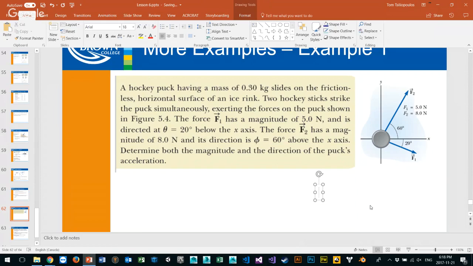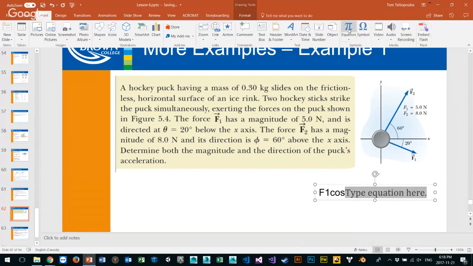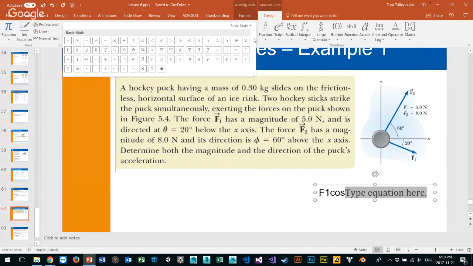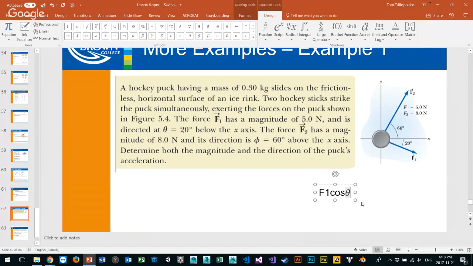Well, we know that after we draw the diagram, we know that F1 cos theta, right, let's insert a formula, an equation, and we'll insert a symbol. Where's the symbol? I love the symbols. It's probably on the left-hand side over here. F1 cos theta. Let's say F1.